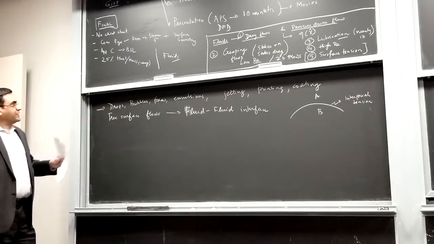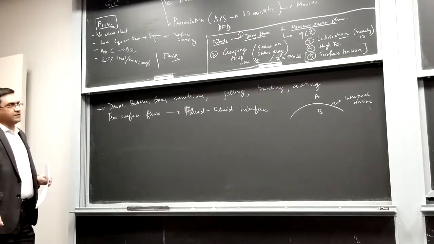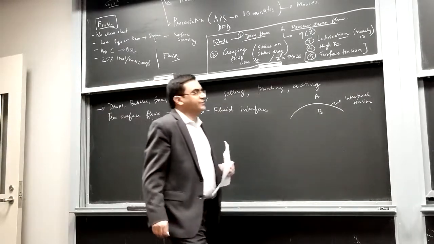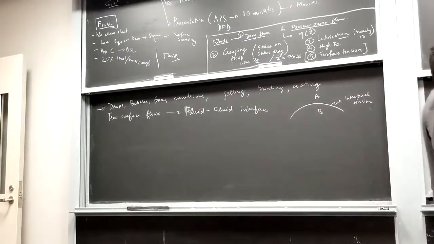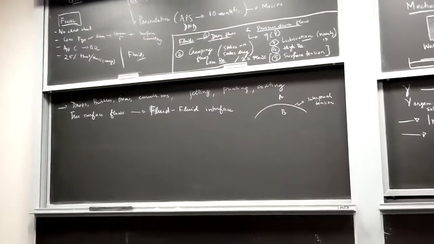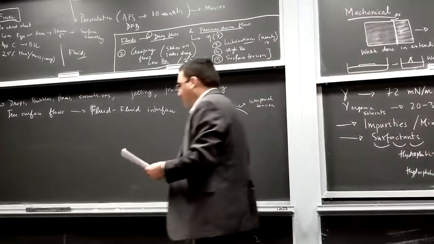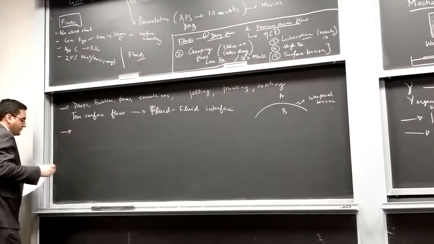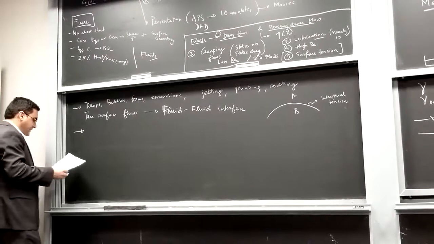So there's a whole range of applications that involve free surface flows, and in those free surface flows, in the boundary condition, you have to consider the effect of surface tension. So now the next question is, how do we account for that? But before that, I'll also say two more things.